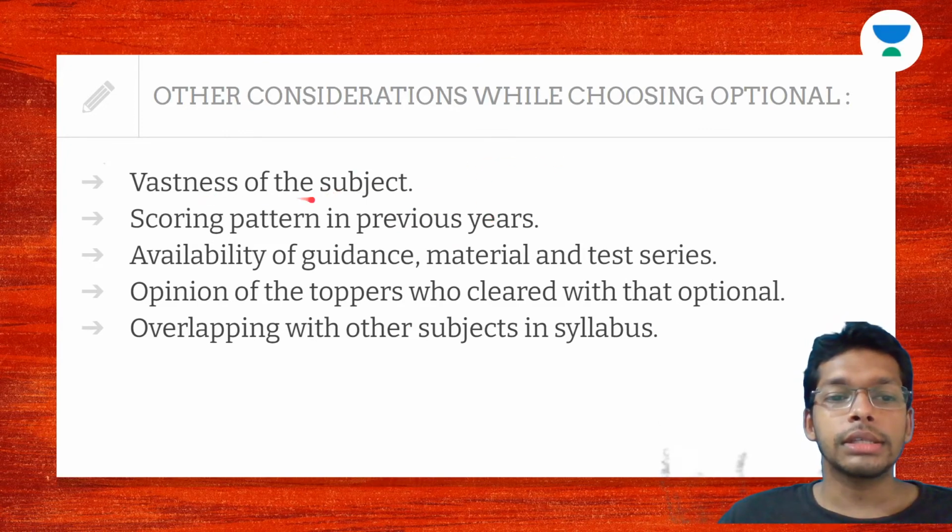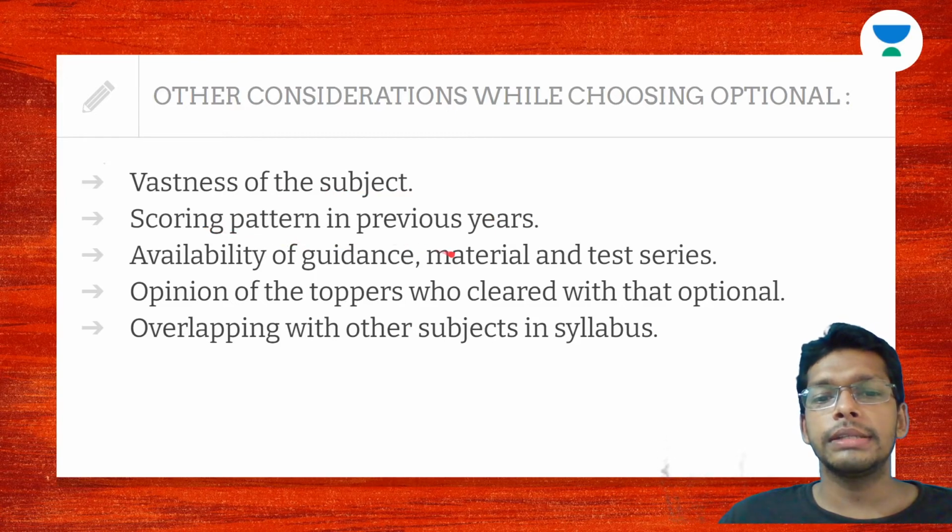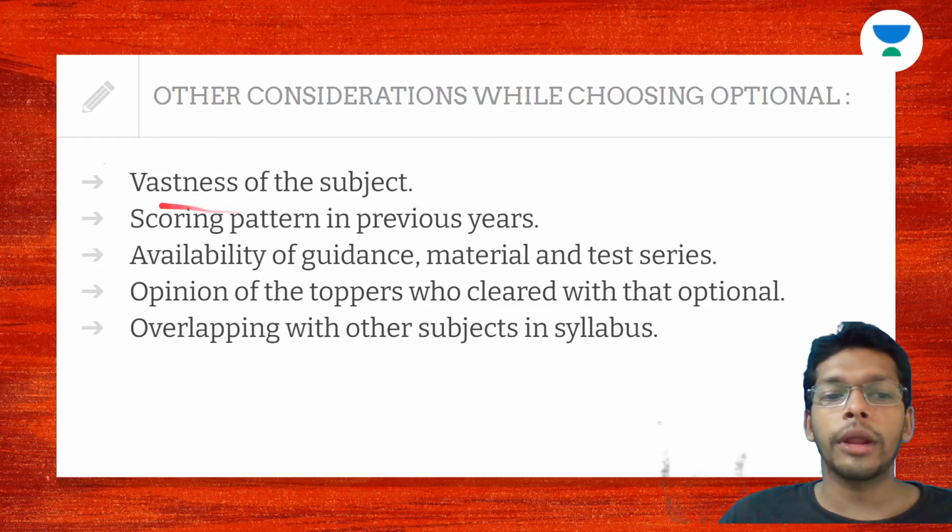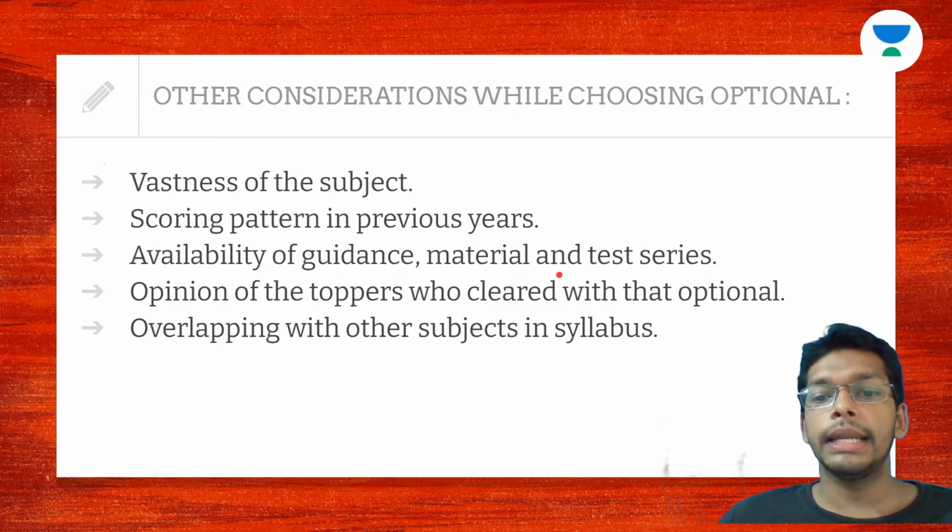So the vastness, the scoring pattern in the previous years, see if the toppers are getting above 300. If the optional is scoring 300 plus, then it is a good scoring subject. If it is struggling to score 300 plus, then the scoring pattern is a bit difficult in that particular subject.